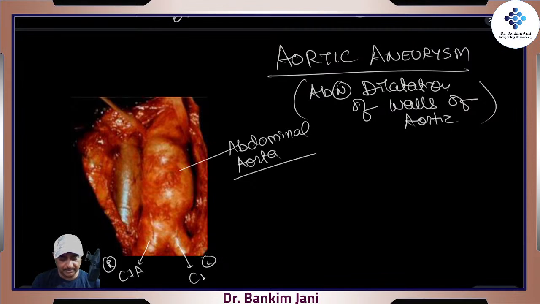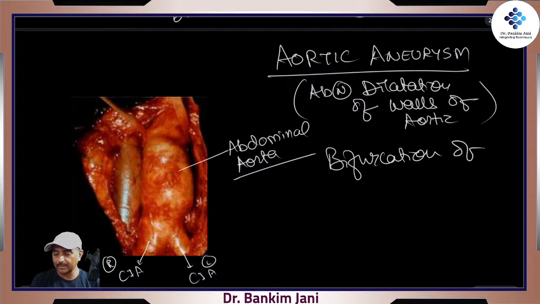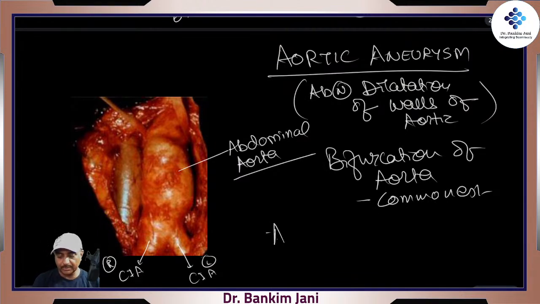So the bifurcation of the aorta is the commonest site where an aortic aneurysm can occur.